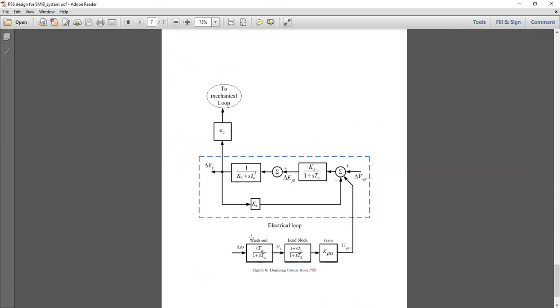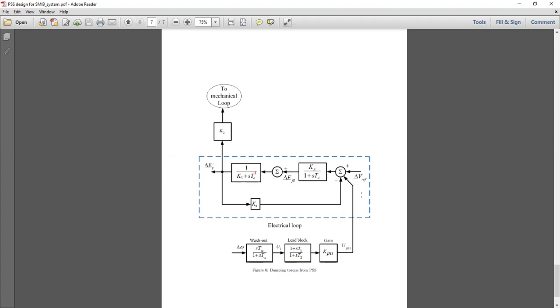This is my one stage UPSS. I will take del omega from the mechanical loop. Then this is the single lead block, this is the gain block, and this is the output UPSS fed into the summing junction of the exciter block. And then this is the torque we are talking about.